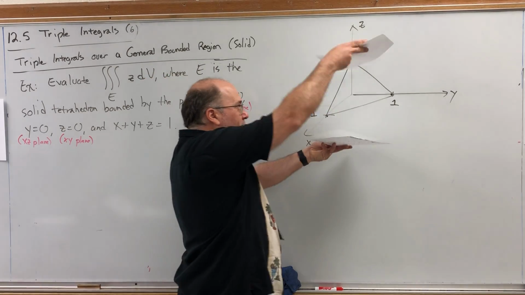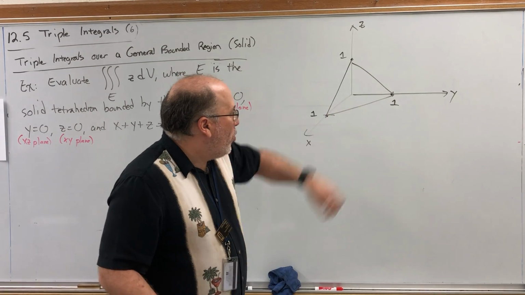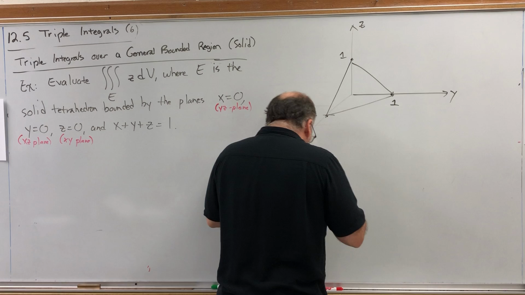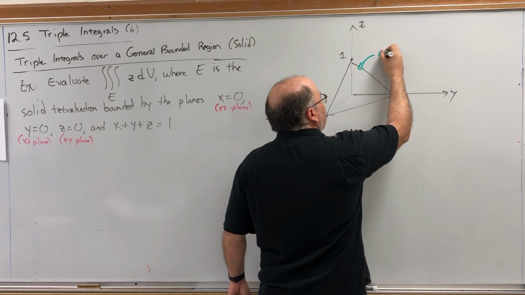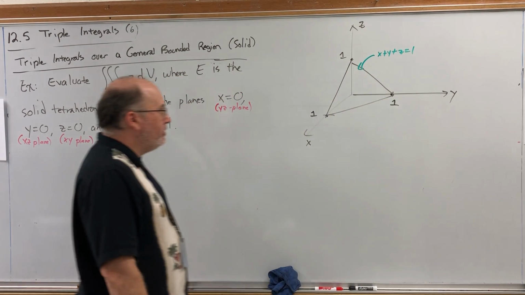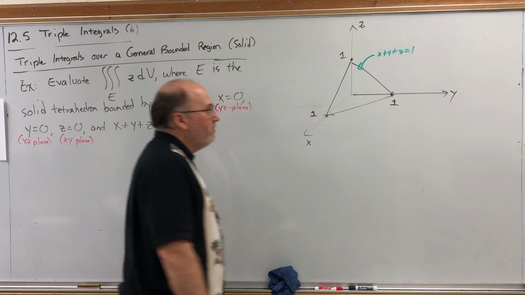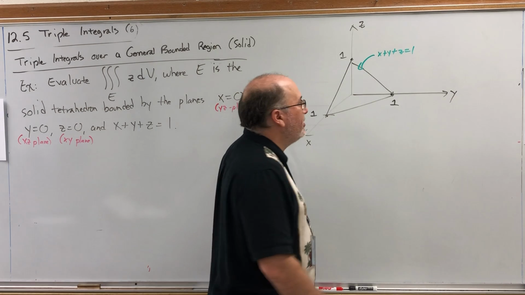In other words, we're going to think of this plane as the top surface and the xy plane as the bottom surface. So this top is x plus y plus z equals 1, but if we're going to do a type 1, we need to think of that as a function of x and y. In other words, if we're thinking in the z direction, this needs to say z equals.